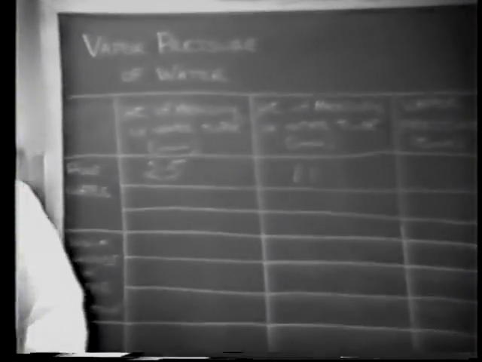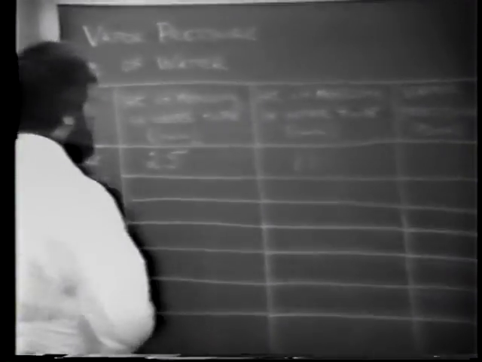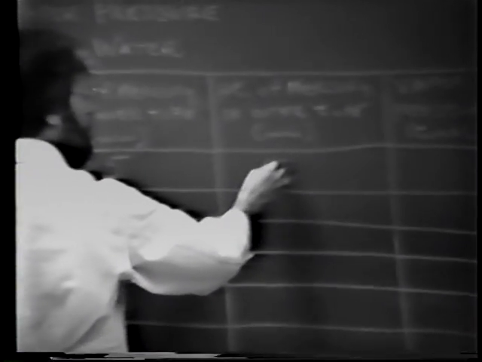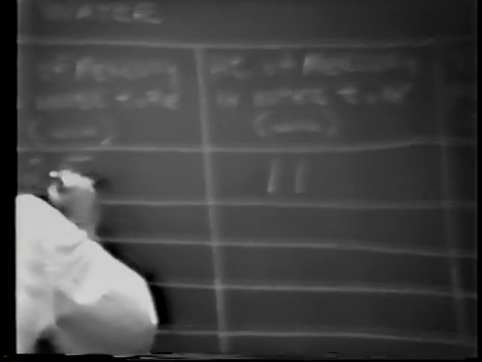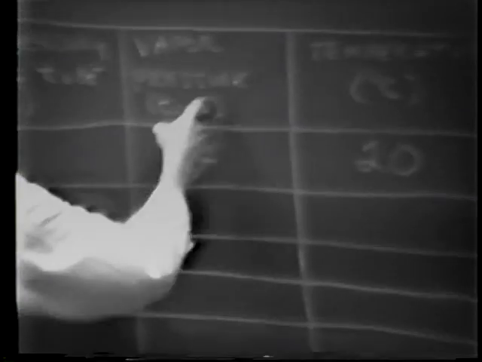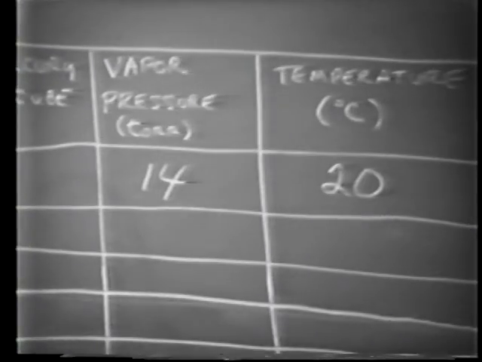Okay, we have a vapor pressure, which now will be the difference between the height of the mercury in the outer tube and the height of the mercury in the inner tube. 11 from 25, 14 torr is the vapor pressure of water at 20 degrees centigrade.